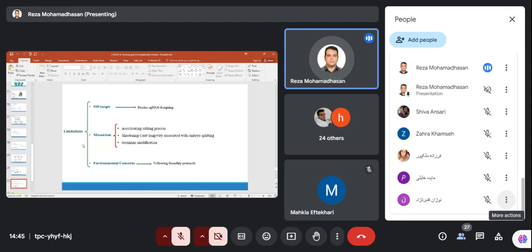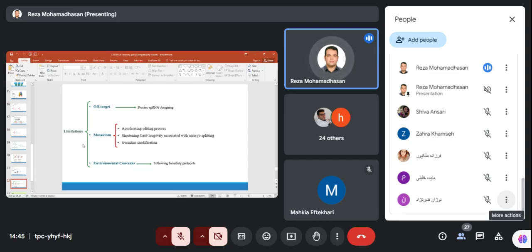What are the solutions? You need to accelerate the editing process and shorten Cas9 longevity, associated with embryo splitting. This is more useful for human and animal cells. And the last one is germline modification, which is not recommended for animal and human cells because you're not allowed to do it.